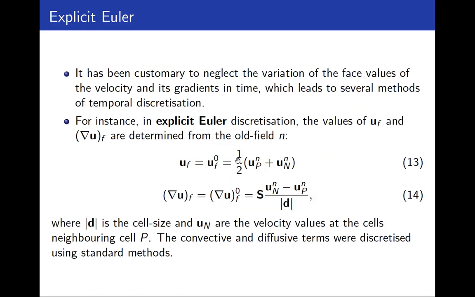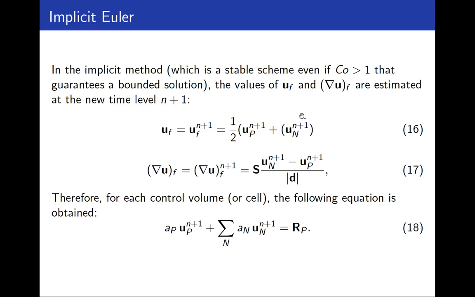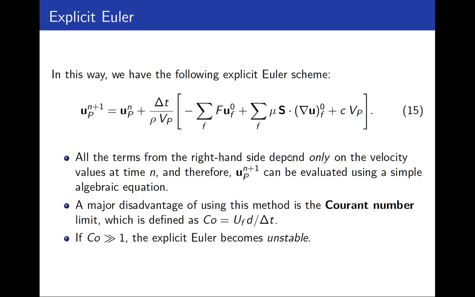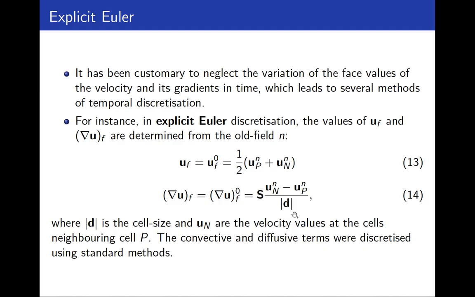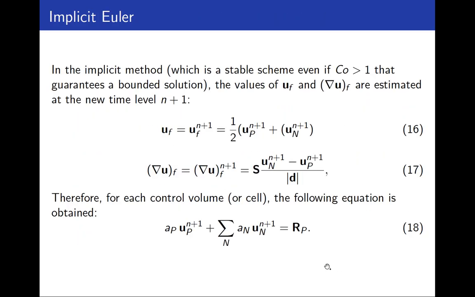Remember, in explicit Euler, we evaluate the velocity and its gradient at the cell faces using the old time field, but in implicit, we will use the values of the velocity at the new time level. So we will use these equations instead. Therefore, if we substitute these equations into equation 12, we will end up with equation 18.